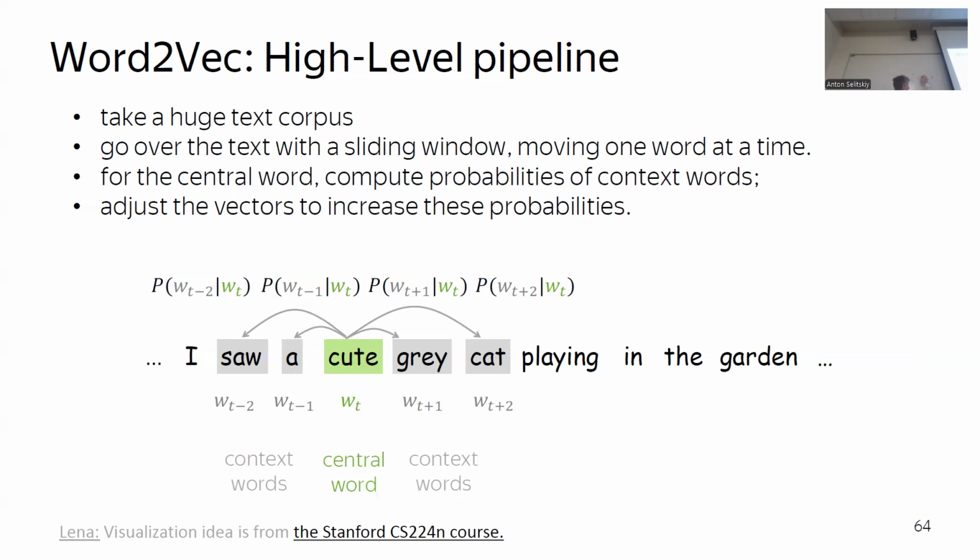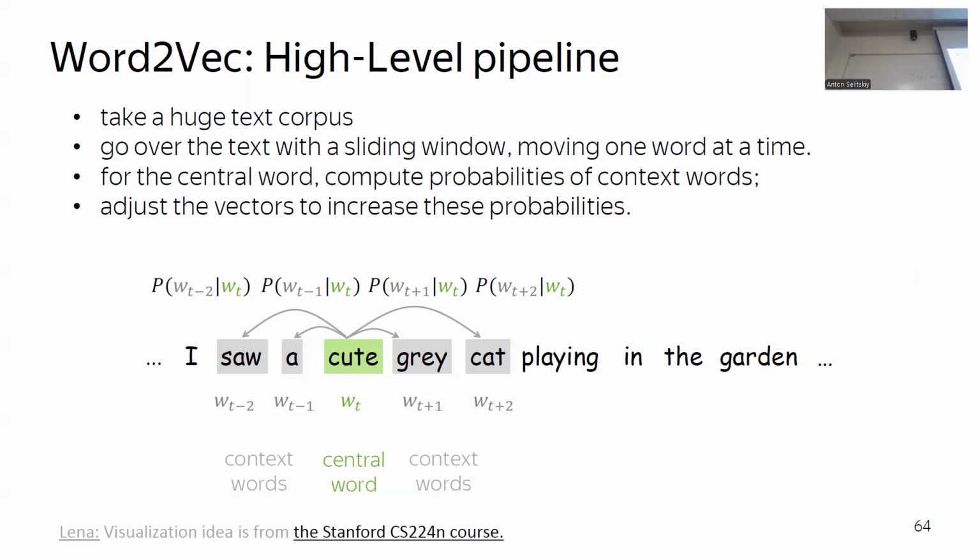Or maybe the first will be context and the second will be central. But for the entire document, you will create these pairs, like soul and cute, gray and cute, cat and cute.